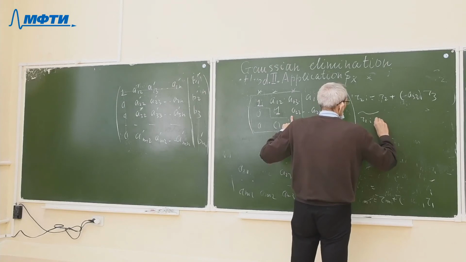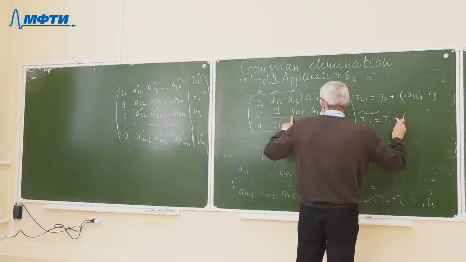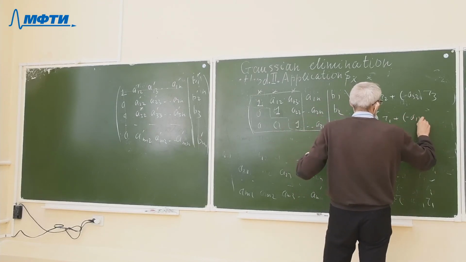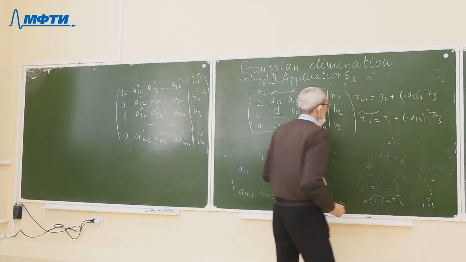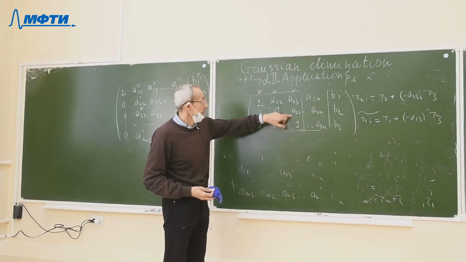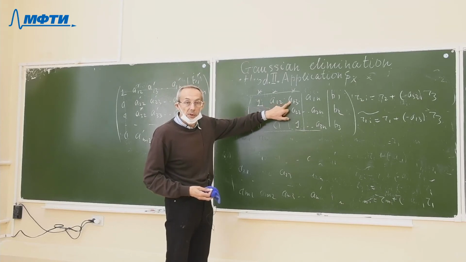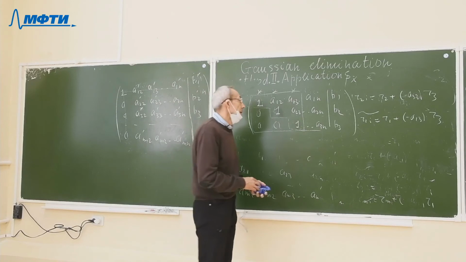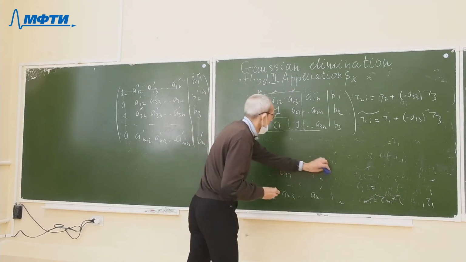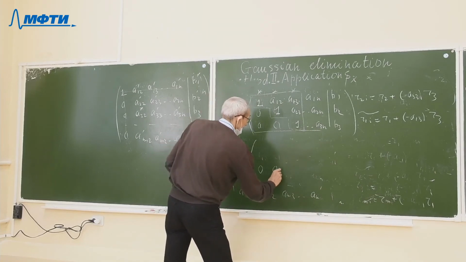R1 is put R1 plus minus A13 times R3. After this operation, we obtain on this place 0 and on this place 0. Do you understand? Yes. And after this operation, we obtain the following matrix.